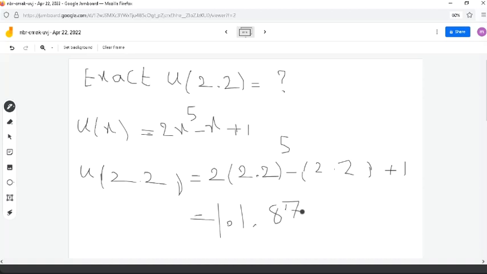Okay. 72. Is it 6? Only 4 digits is okay.